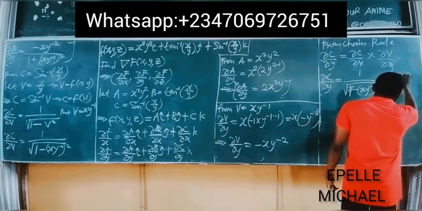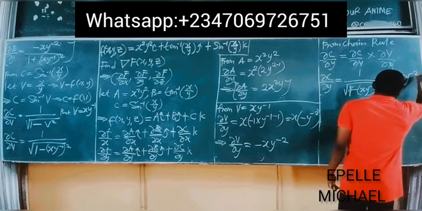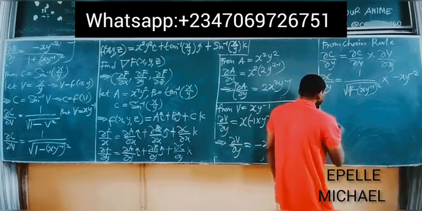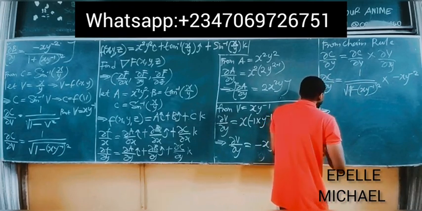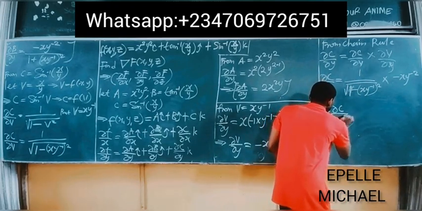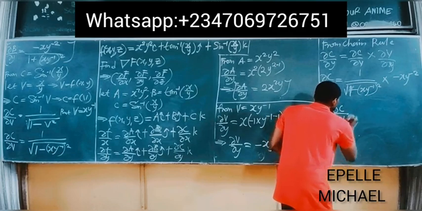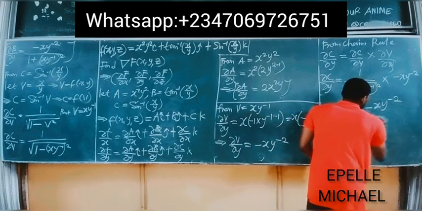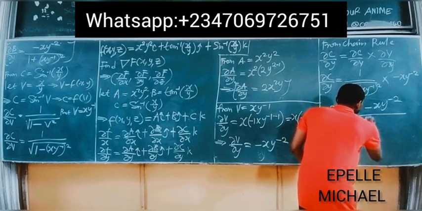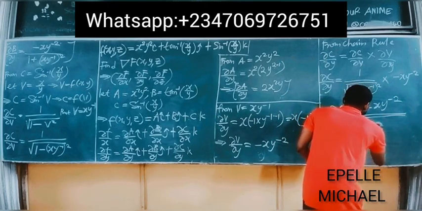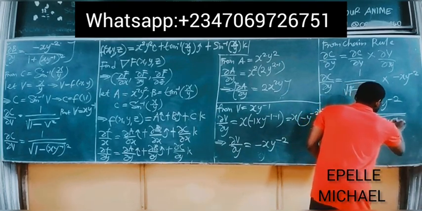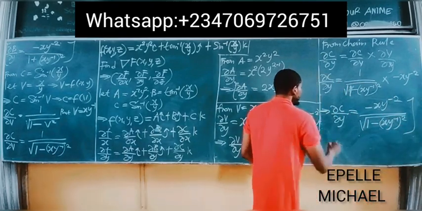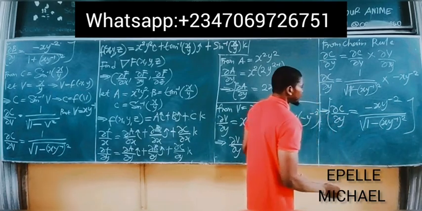So multiply by minus x y to the power of minus 2. This now implies that the partial derivative of c with respect to y is simply equal to minus x y to the power of minus 2 over the square root of 1 minus x y to the power of minus 1 all squared. So this becomes the partial derivative of that function.